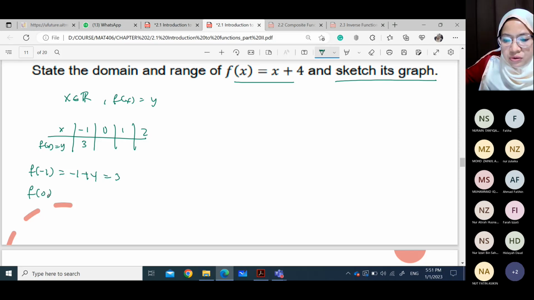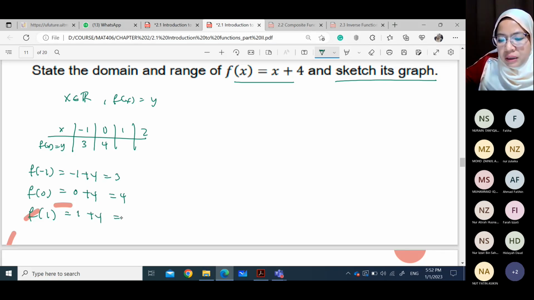Next, when x equals 0, or when the domain is 0, our range is 0 plus 4 and we have 4. So the range for this domain is 4. Next, when x equals 1, we put it into this function, 1 plus 4, then here we have 5. So the range for domain 1 is 5.